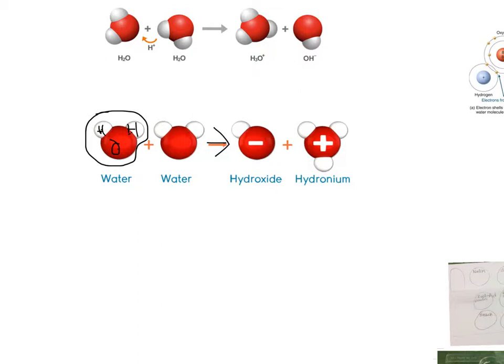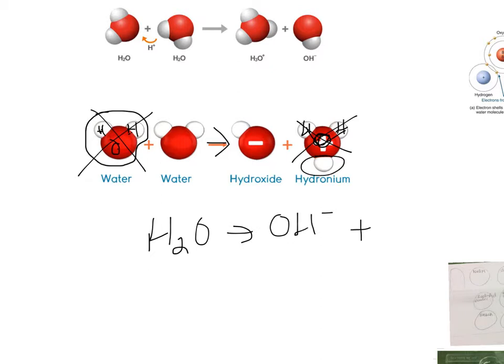Couldn't we look at that and say, hey, the HOH here was a spectator, so let's cancel that out. And that could actually simplify our equation to water breaks down into a hydroxide ion and what's left? A hydrogen ion. And that kind of makes sense because, well, opposites attract. So this negative would attract that positive, and if we had 2 hydrogens together with 1 oxygen, then we have H2O. So this is a simplification that we sometimes use.